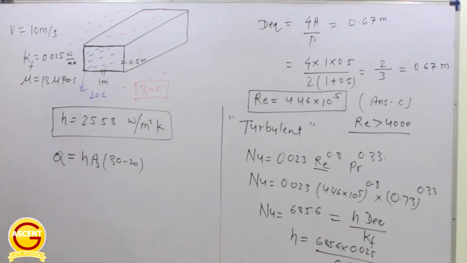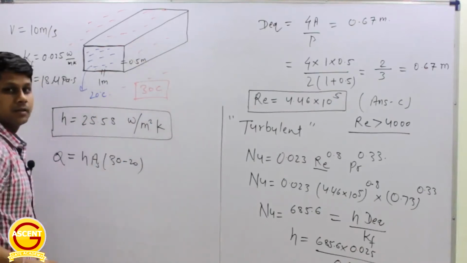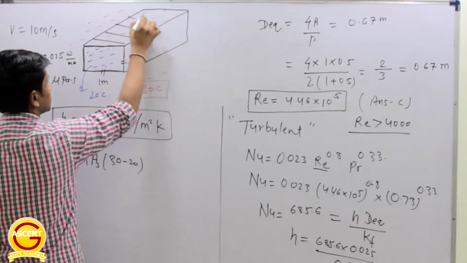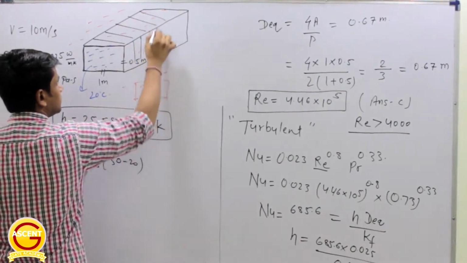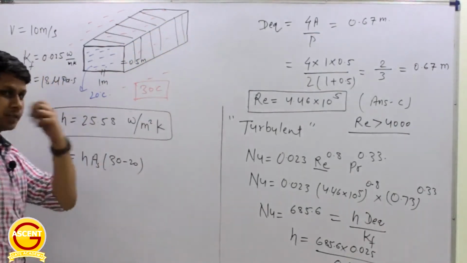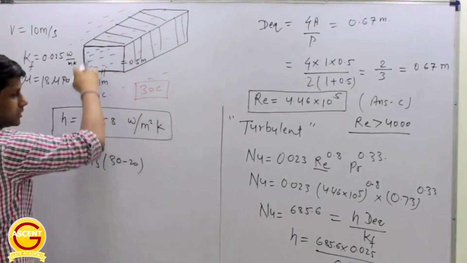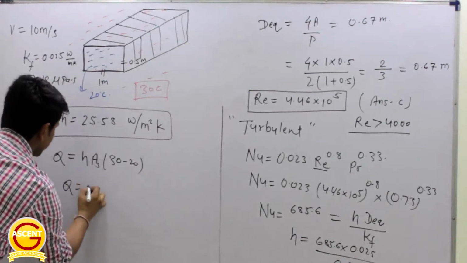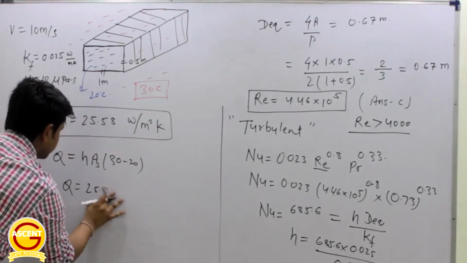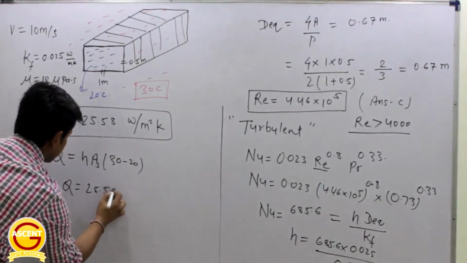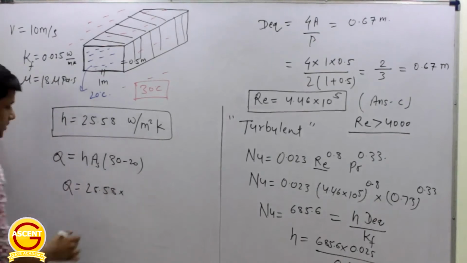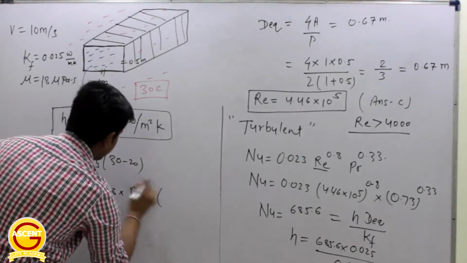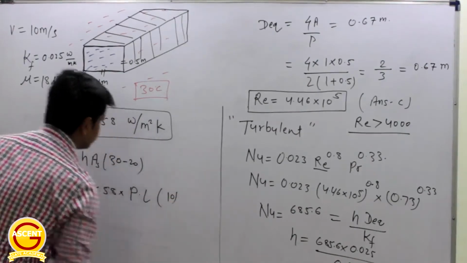Now what will be the surface area for this? See, the heat transfer will occur from all these surfaces, right? So how can we calculate the surface area? It will be perimeter multiplied by length. So Q will be equal to h value 25.58 multiplied by surface area, which is perimeter P multiplied by length, into 30 minus 20 which is 10, right?